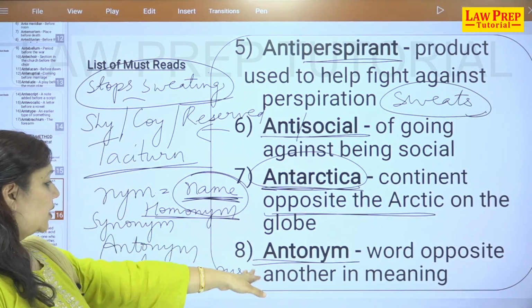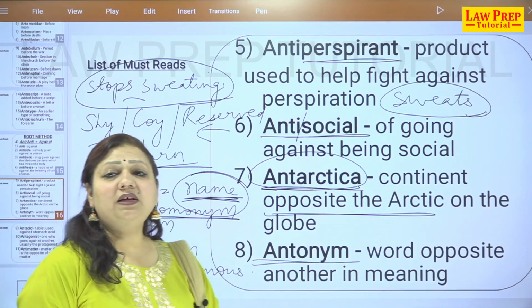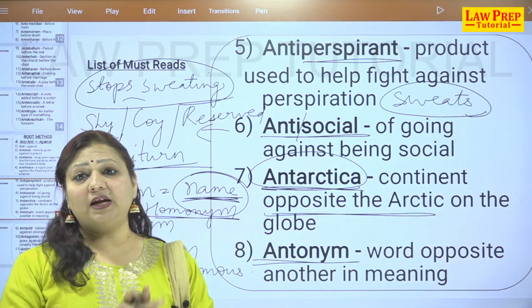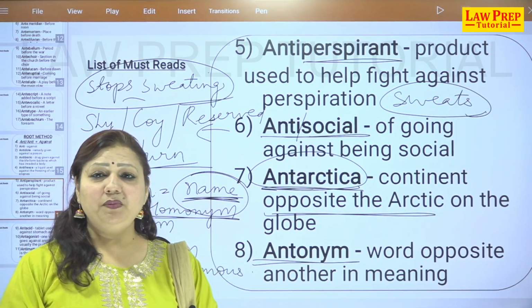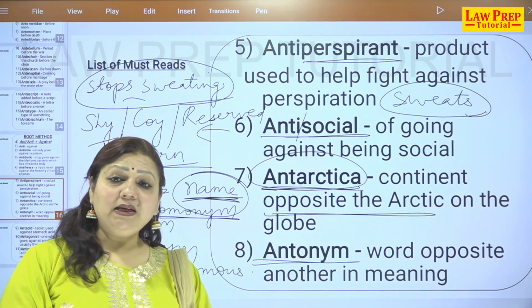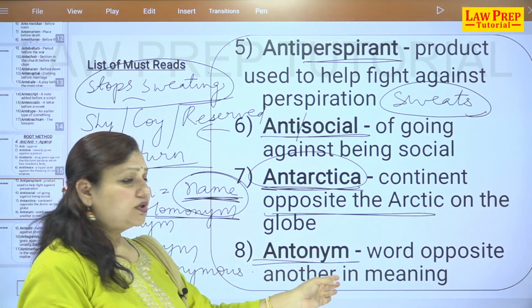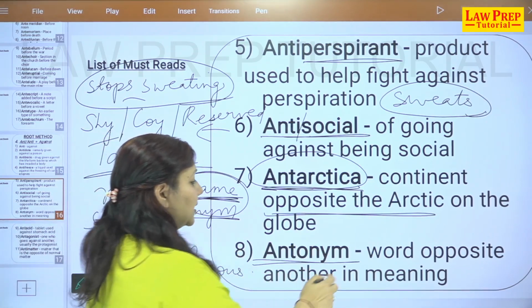So coming back to our synonym and antonym series, if you know a plethora of synonyms and antonyms, you don't face any problem in doing the passage. No, not any problem. The word which is opposite in meaning, which is contradictory in meaning, that is antonym.